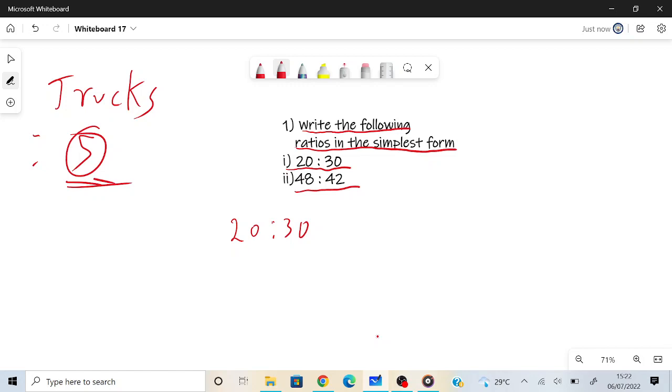They're not exactly fractions, but you can treat them that way in terms of simplification. One trick for simplifying your ratios is to use your calculator and put these values in as a fraction. I could write 20 divided by 30 in my calculator as a fraction, and that would give me 2 over 3, and I can simply rewrite this in ratio form as 2 to 3.